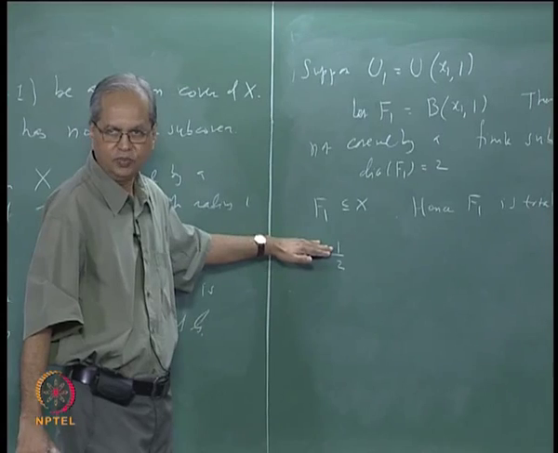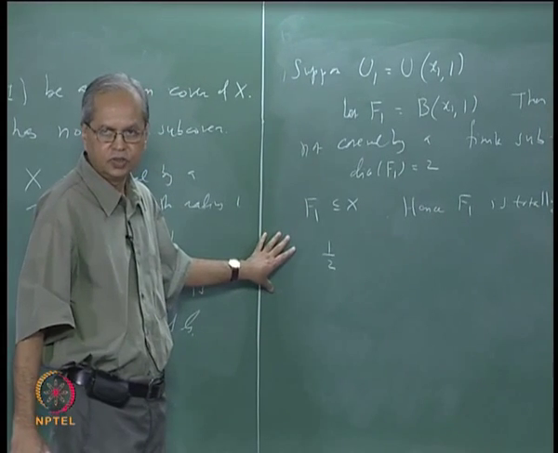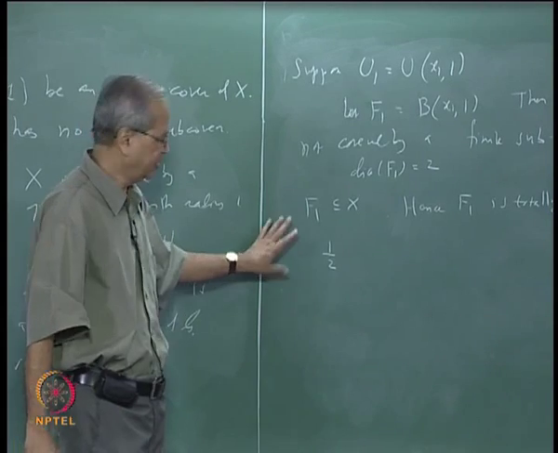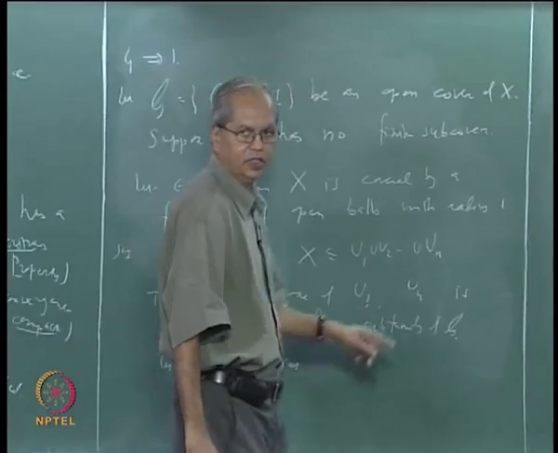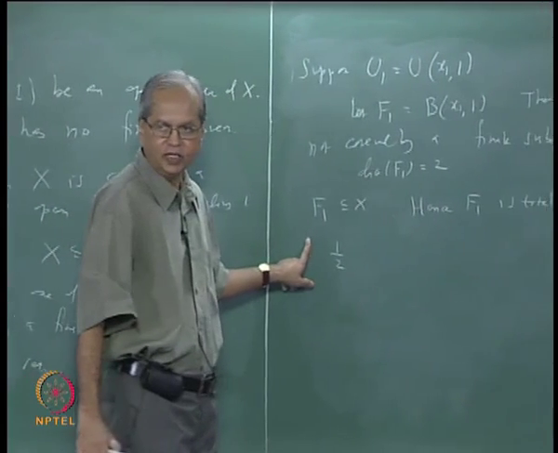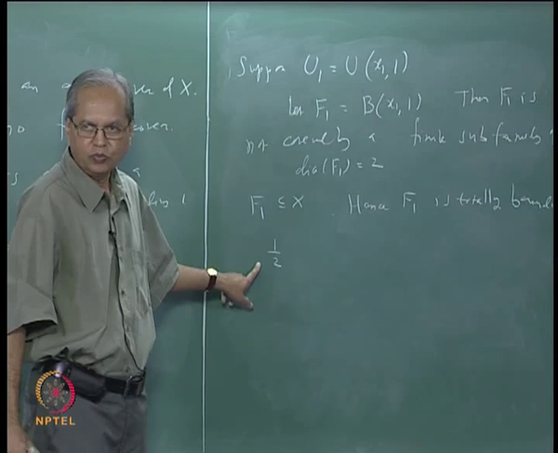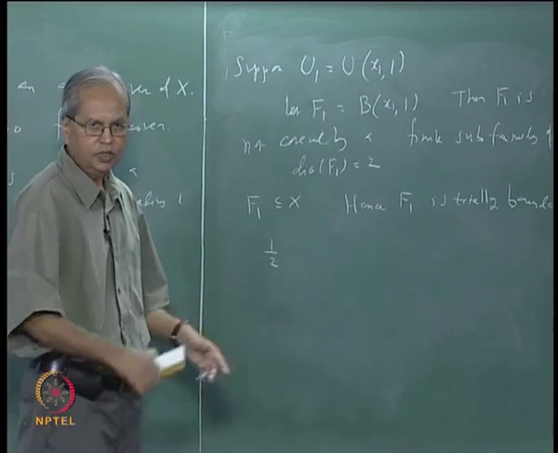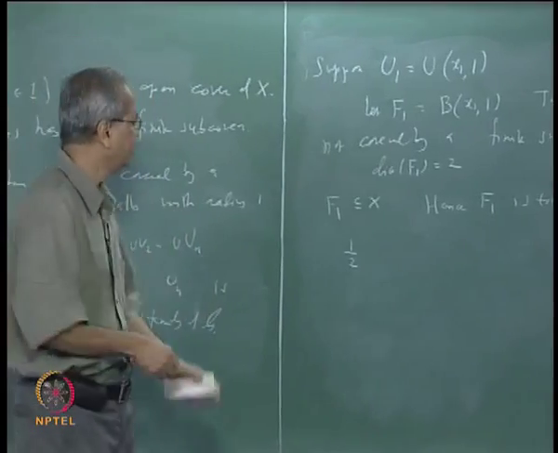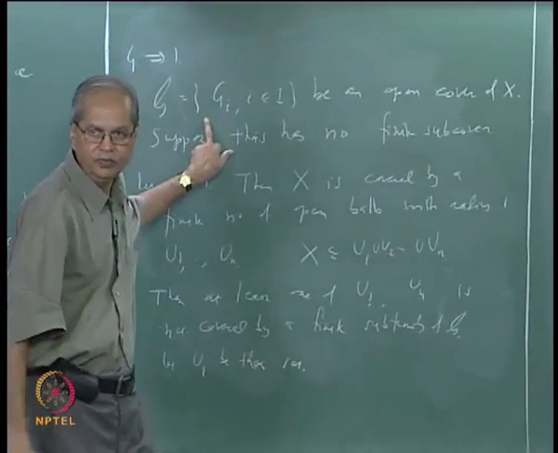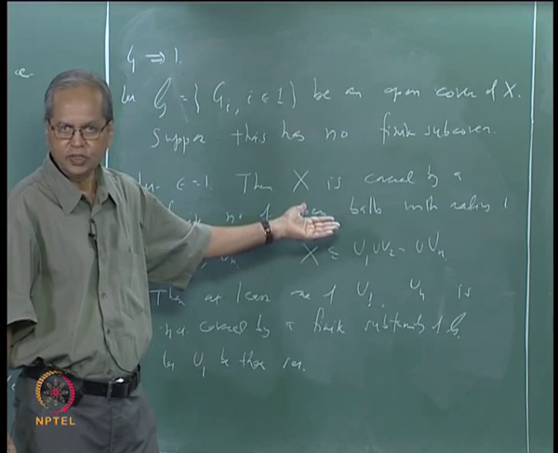F1 is totally bounded, so it can be covered by a finite number of open balls with radius half, okay. Now if each of those open balls with radius half had a finite subcover from G, then it would mean that F1 also will have a finite subcover from G, but that is false.